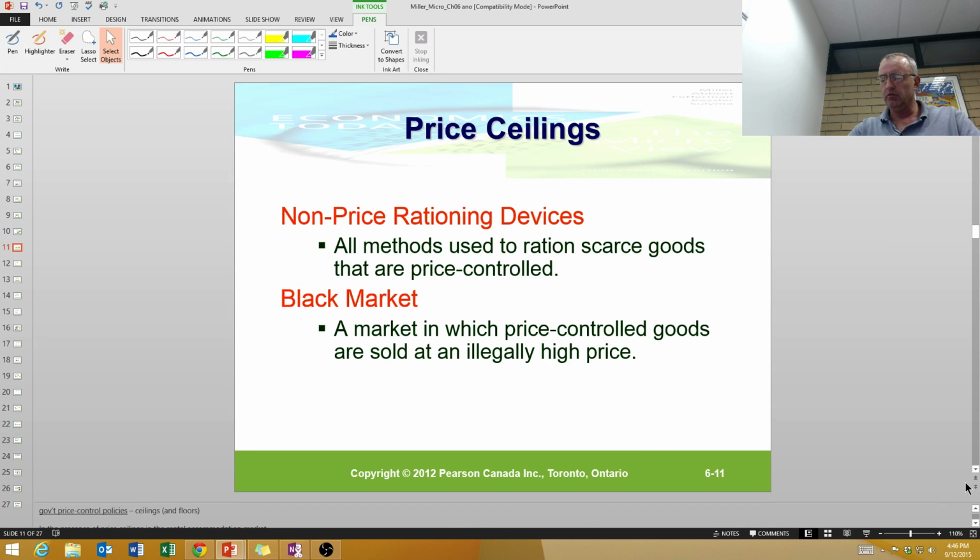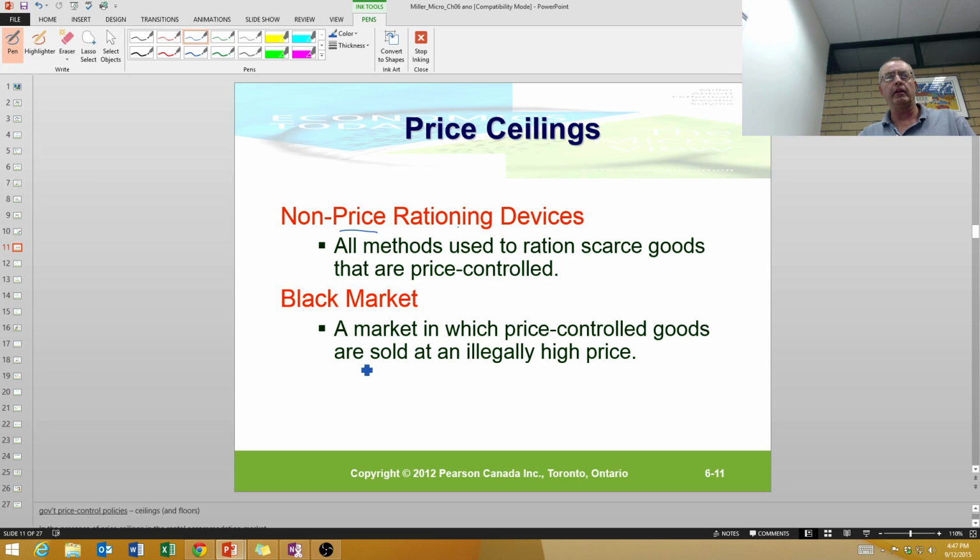Okay, so price ceilings are a non-price rationing device. When there's a price ceiling and there's a shortage in the market, the market tries to come up with ways to address that shortage.